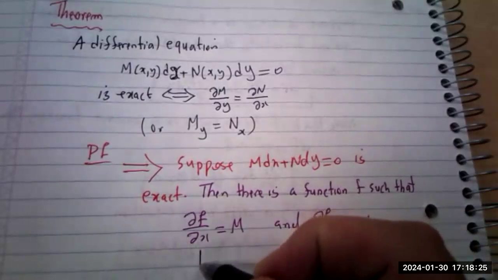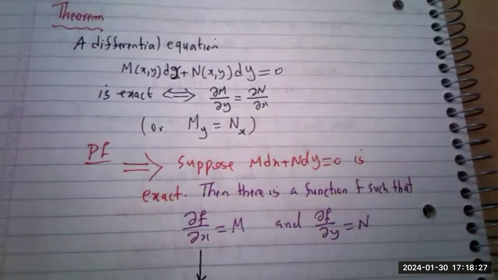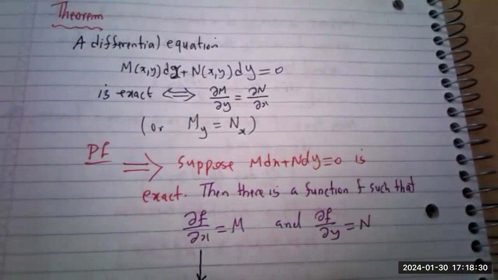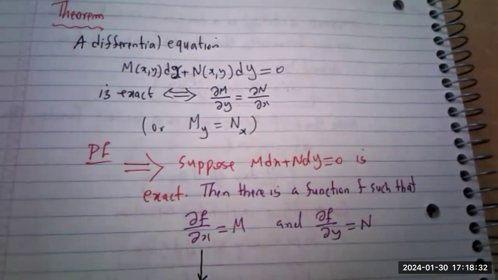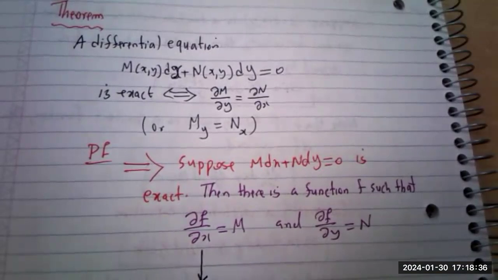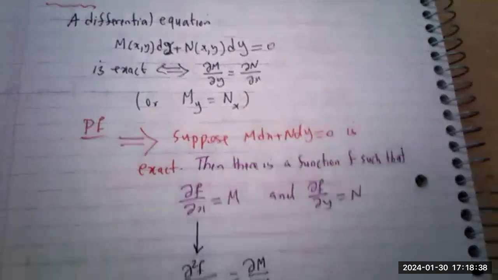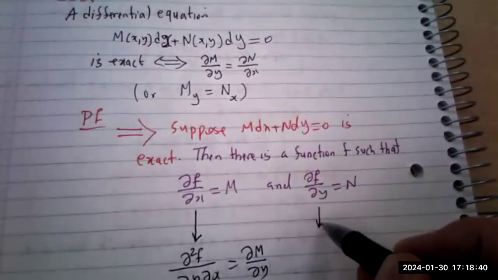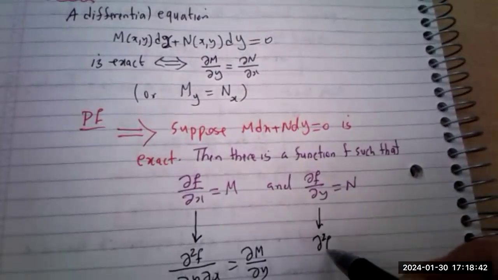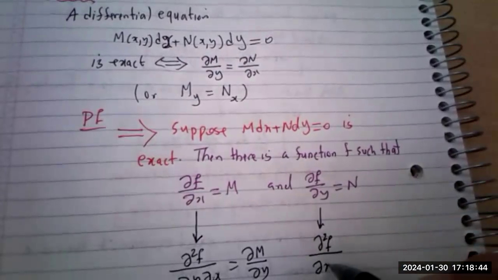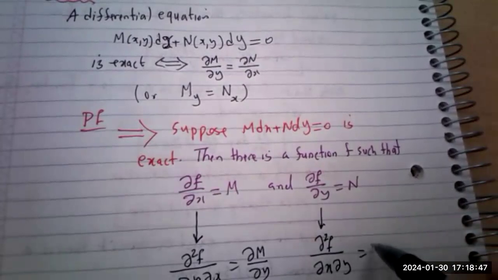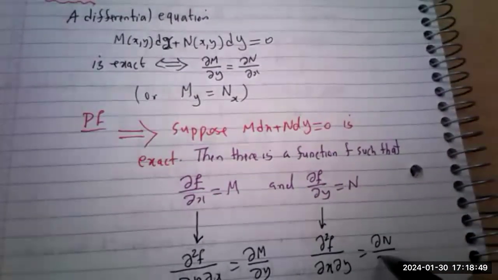From this part, you differentiate with respect to y. So it's going to be the second derivative of f, with respect to y first, then with respect to x, and that will be the derivative of M with respect to y. Differentiate this part with respect to x. So the second derivative of f, with respect to x then y, is going to be the derivative of N with respect to x.